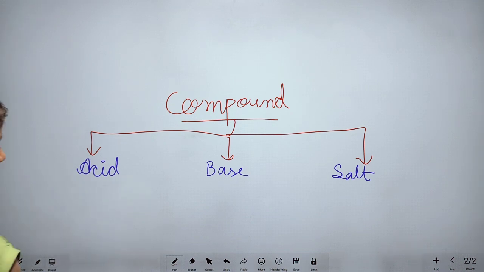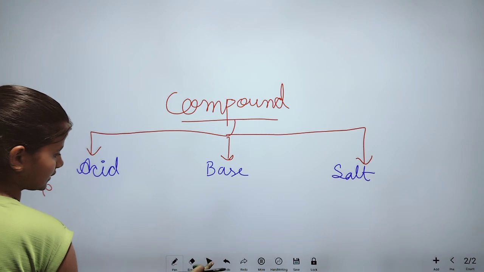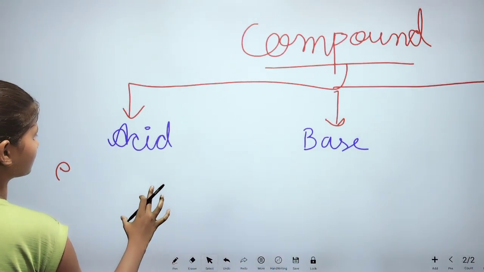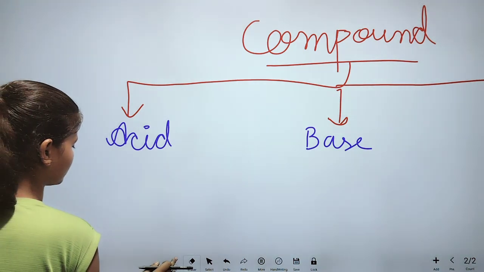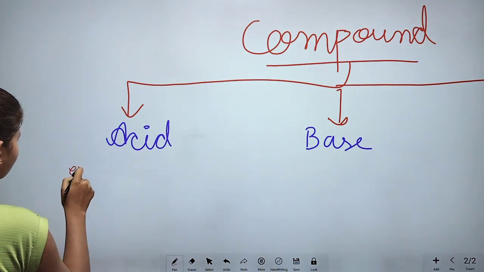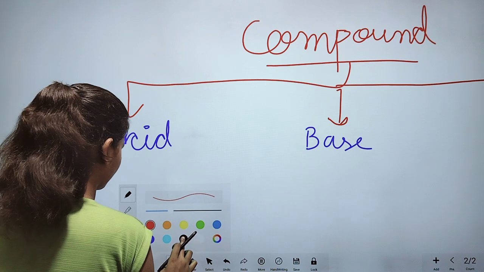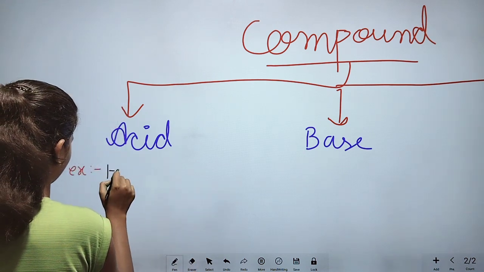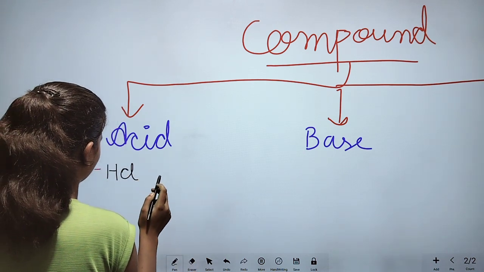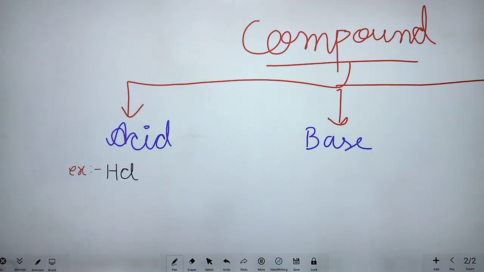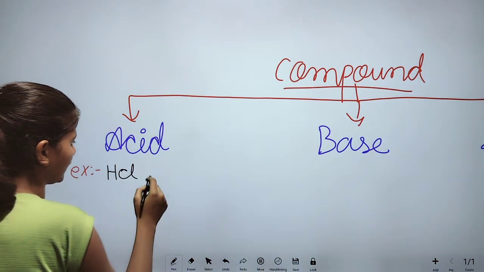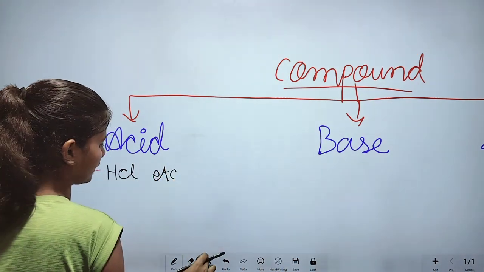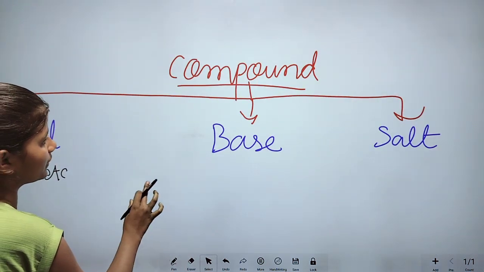Let's see an example of acid. HCl. HCl means hydrogen chloride, and many more. And let's see the example of base.